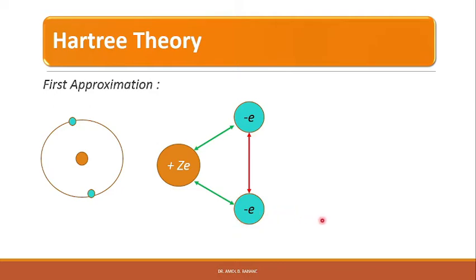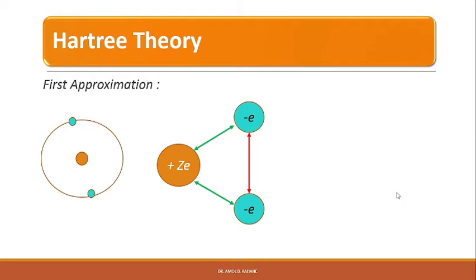But even in first approximation, we must also consider the Coulomb interactions between each electron and all the other electrons in the atom. These interactions are individually weaker than the interactions between each electron and the nucleus, but as we can see in the case of the helium atom as an example, they are certainly not negligible.